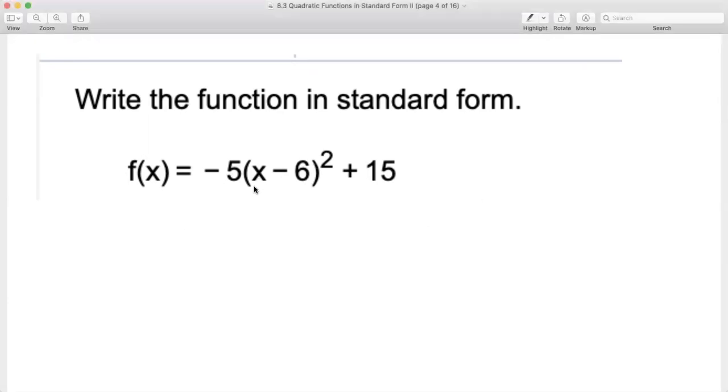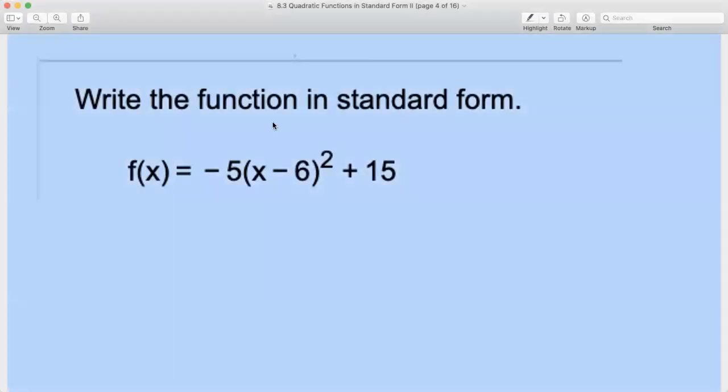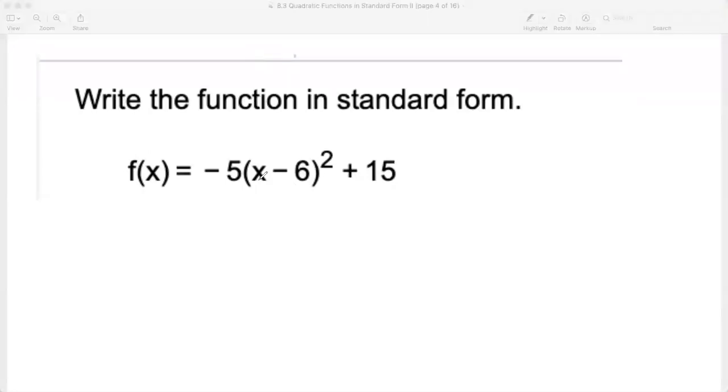So the first thing I'm going to do is I'm going to get my writing tool. And I'm going to FOIL out x minus 6. I'm going to do that off to the side. x minus 6 times x minus 6. All right, so x times x is x squared, and then minus 6x.